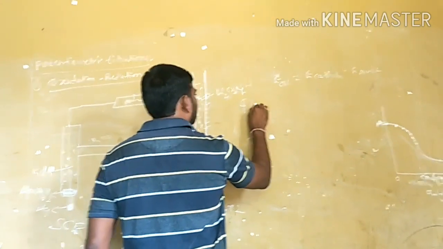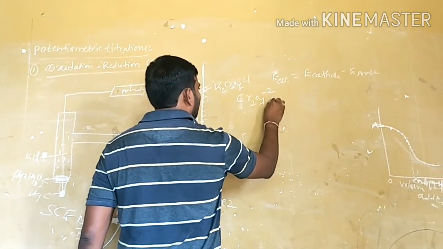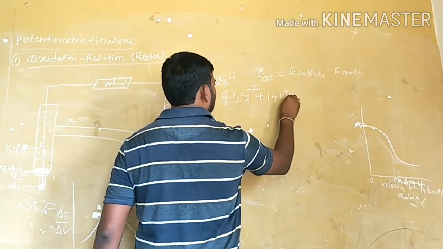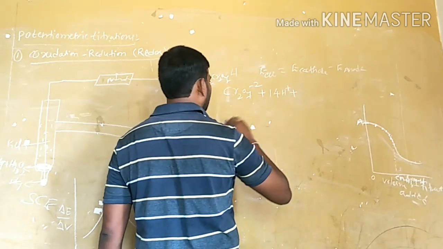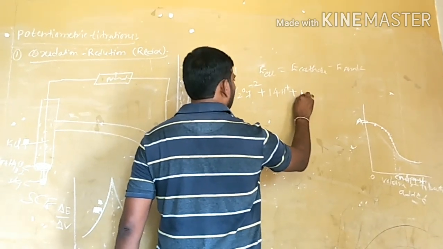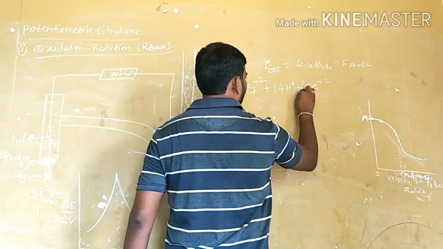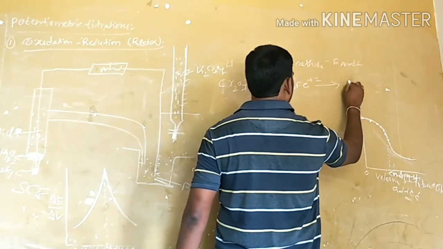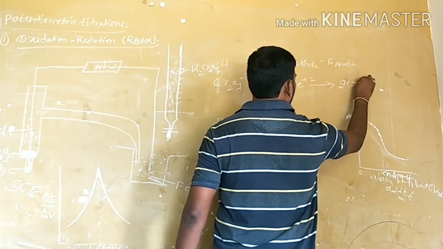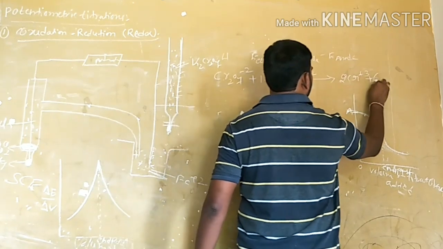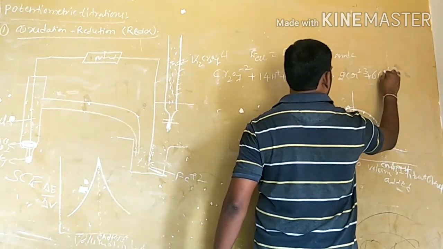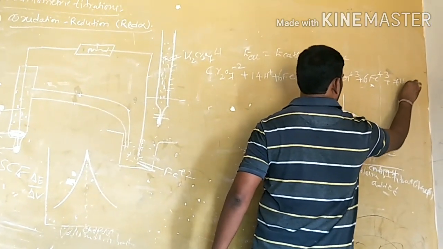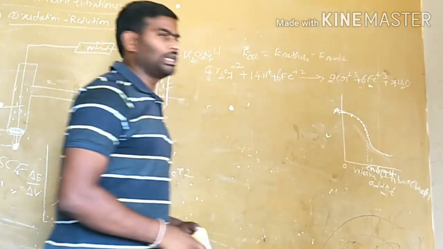The possible reaction is Cr2O7 minus 2 plus 14H plus plus 6 Fe plus 2, converting into 2 moles of chromium plus 3 plus 6 moles of Fe plus 3, Fe plus 2 converting into ferric, plus 7 moles of water. This is the possible cell reaction.